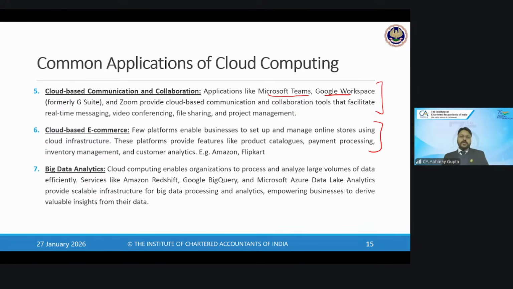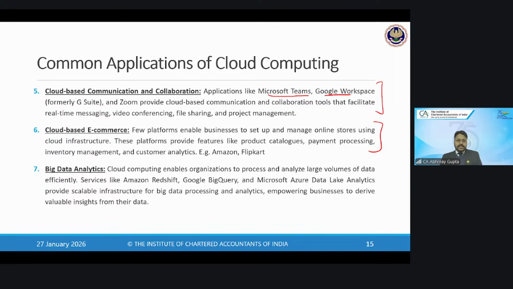You are simply visiting the website of Flipkart or Amazon, or the application on your mobile, and then simply selecting the product and making the payment, and everything is happening with a single click. In the backend, everything is happening through cloud computing, right?